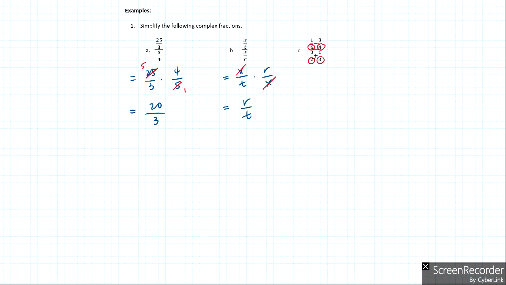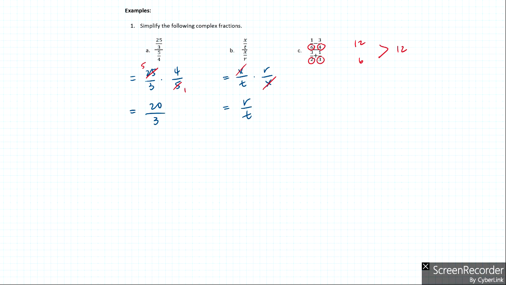For example, here if we have 6 and 4, the least common denominator we get will be 12. And if we look at the bottom, the least common denominator we would have will be 6. And now if we look at the least common denominator between 12 and 6, 12 is the least common denominator.